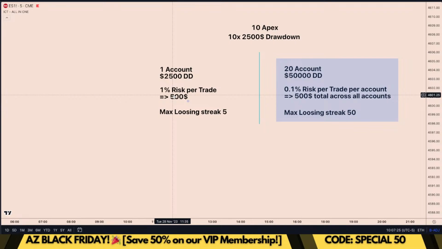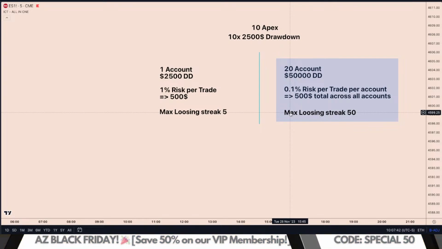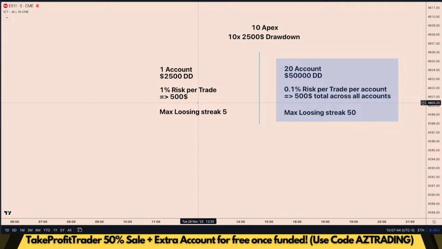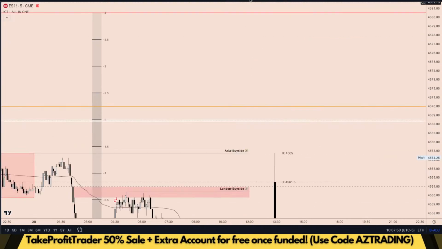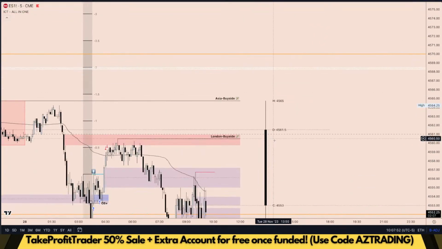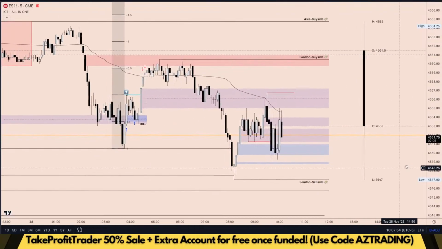I know, okay, 3 funded accounts is already something, but comparing like this opportunity, having so much room to breathe, being able to risk $50 on a $2,500 margin account is really powerful to still make the same amount of money that you would by risking 1% per trade. That's pretty awesome, I think. Hope that makes sense. If you have any questions about that, feel free to ask me, please.